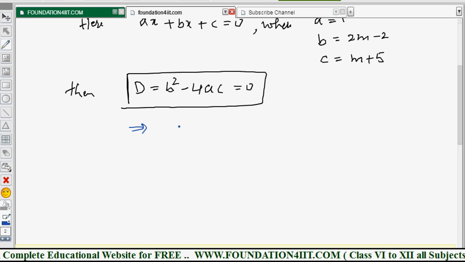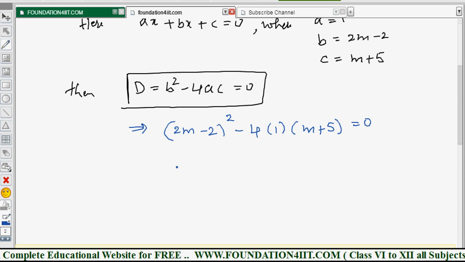So here b² where b is (2m − 2) whole square, minus 4ac. So a is 1 and c is m + 5. That is equal to 0, right? Now just apply the formula.